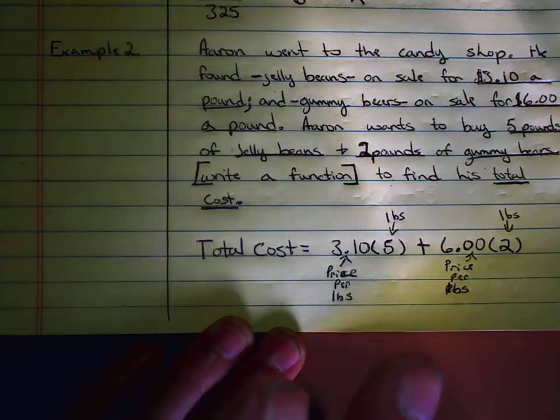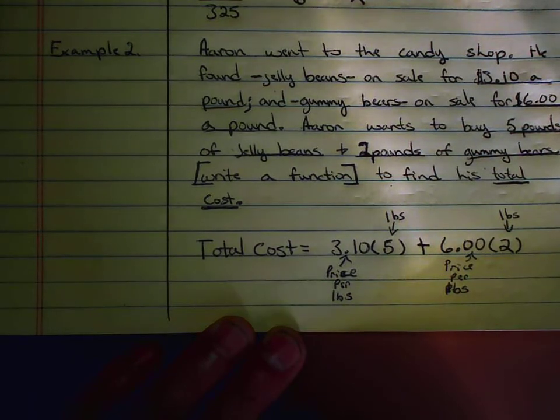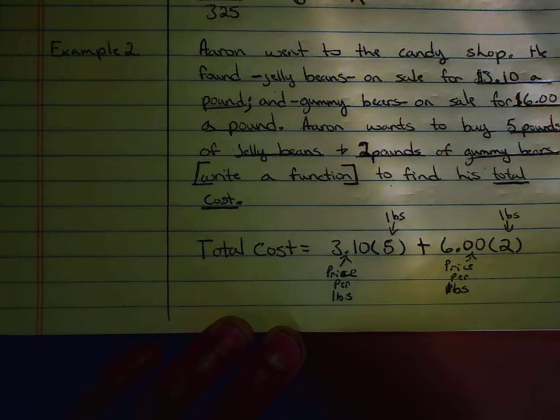Example, if I wanted to get $4 worth of apples and apples cost 50 cents a pound, well, 4 divided by 50 cents tells me I can get right at 8 pounds worth of apples. So when I make my bag of apples, I don't want to get more than 8 pounds, because otherwise I'll spend more than $4.